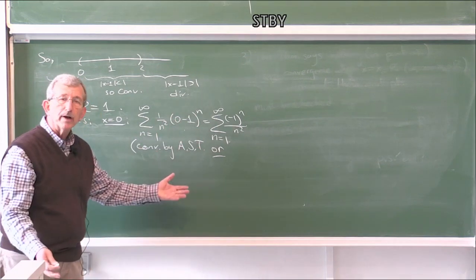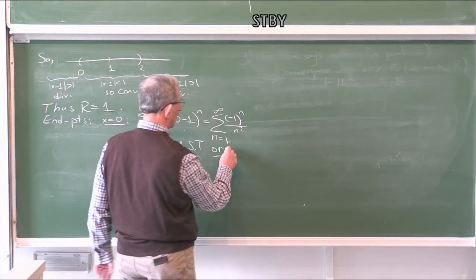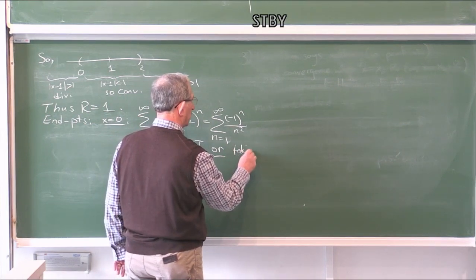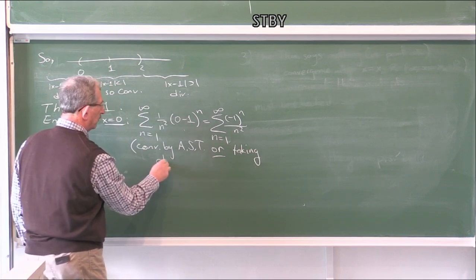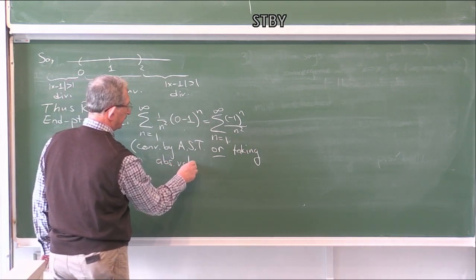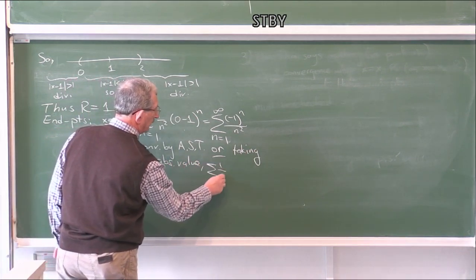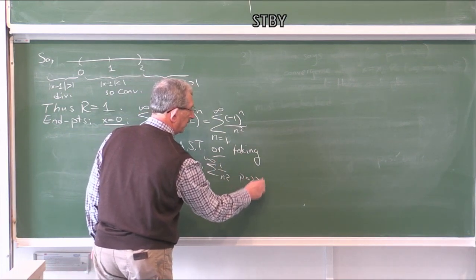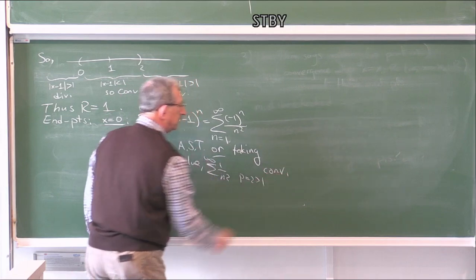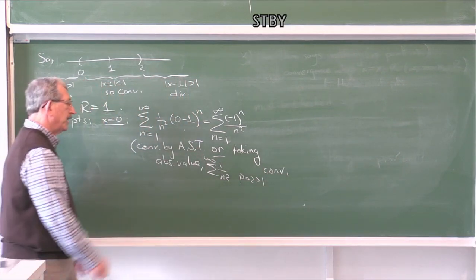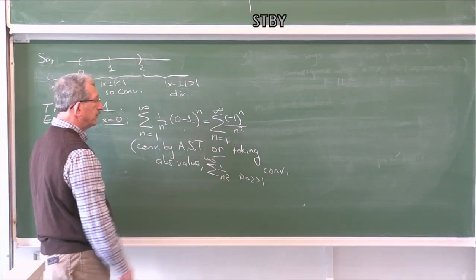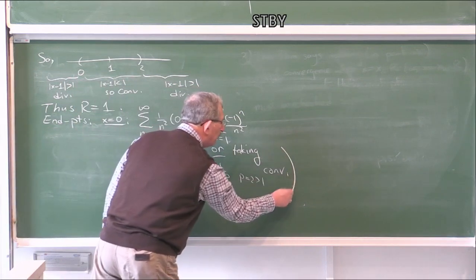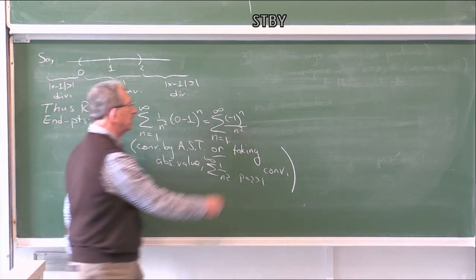You have 1 over n squared, p is greater than 1, so convergent. And by absolute convergence theorem, also the series is convergent. So you have many ways to show that it is convergent.